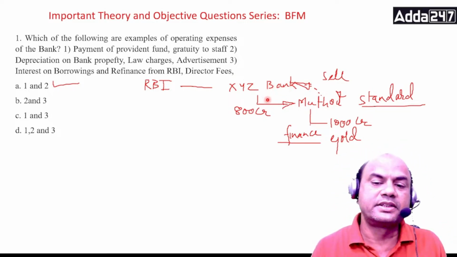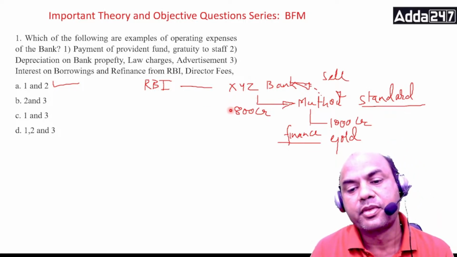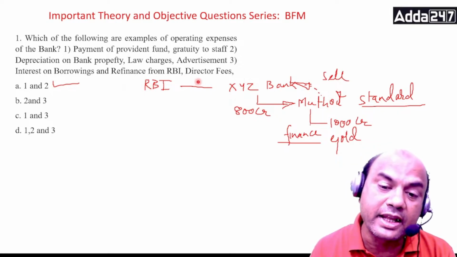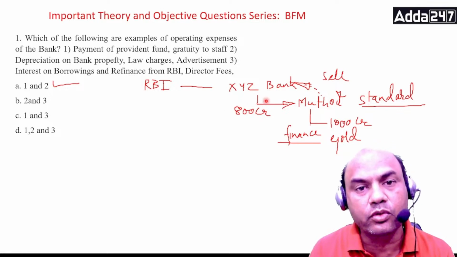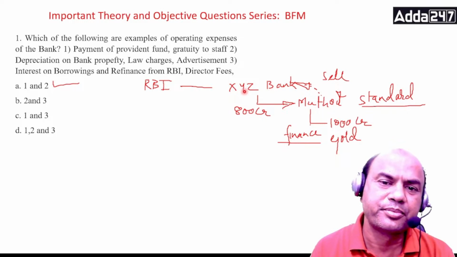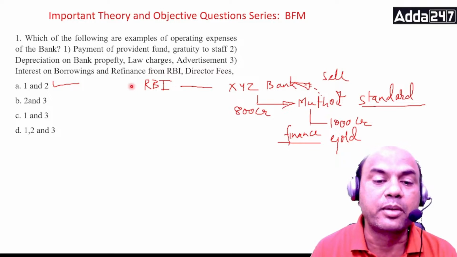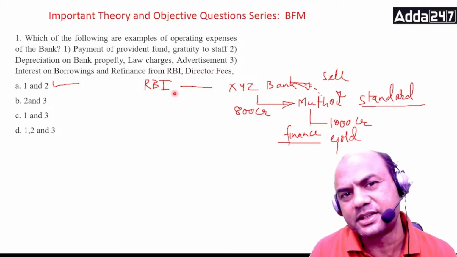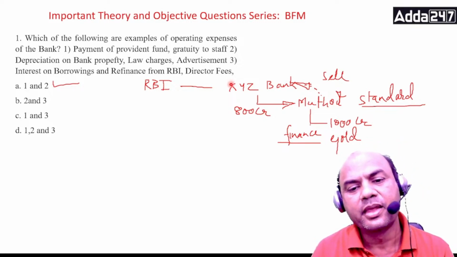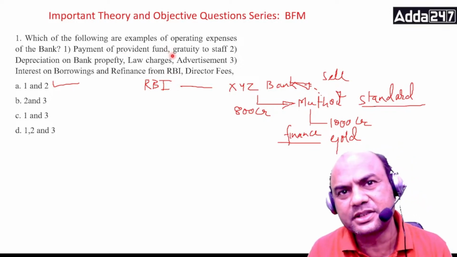Whenever the finance is done, the bank's money gets locked. So what does the bank do? The bank goes to RBI, and then RBI refinances this 800 or 1000 crore, whatever it is, and it gives around 80% of that amount. So if the bank finance on tractor is 1000 CR, then RBI will give around 800 to 900 CR, depending on the quality of loans. So that is refinance. So that's not a part of your operating expense, isn't it?